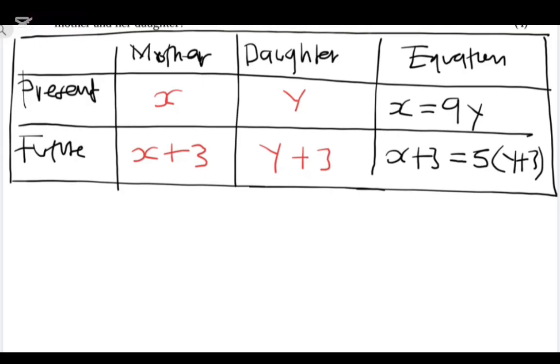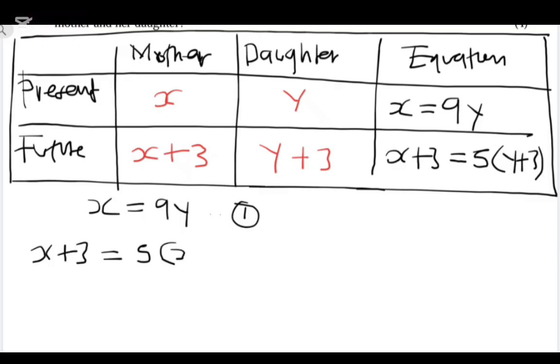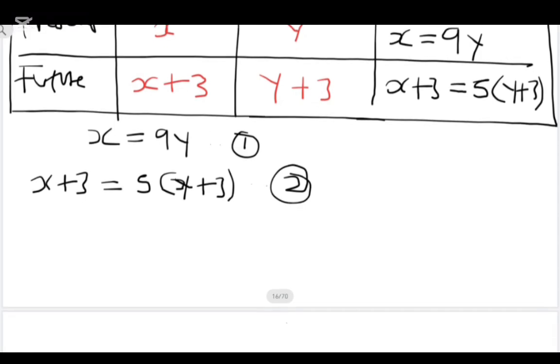So now I have equation 1, which is x equals 9y. This is going to be equation 1. And I also have x plus 3 equals 5y plus 3, which is going to be my equation 2. So now I'm just going to solve a simultaneous equation, perfect.